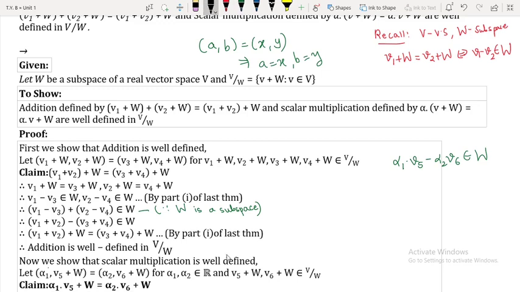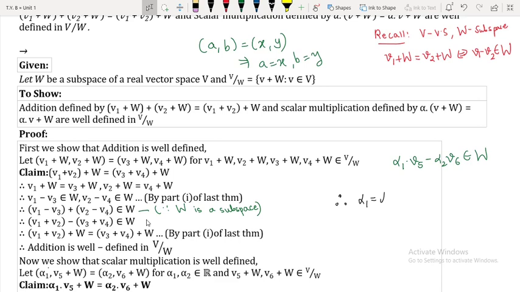Since we have these two elements of the Cartesian product equal, by the same logic, whenever two elements of the Cartesian product are equal, we can say that A is equal to X and B is equal to Y. So what can I say here?